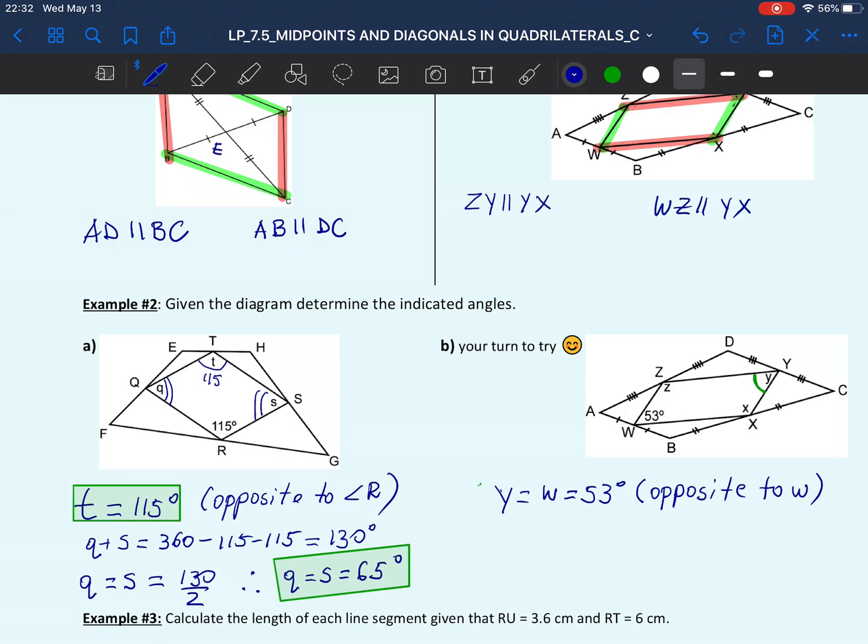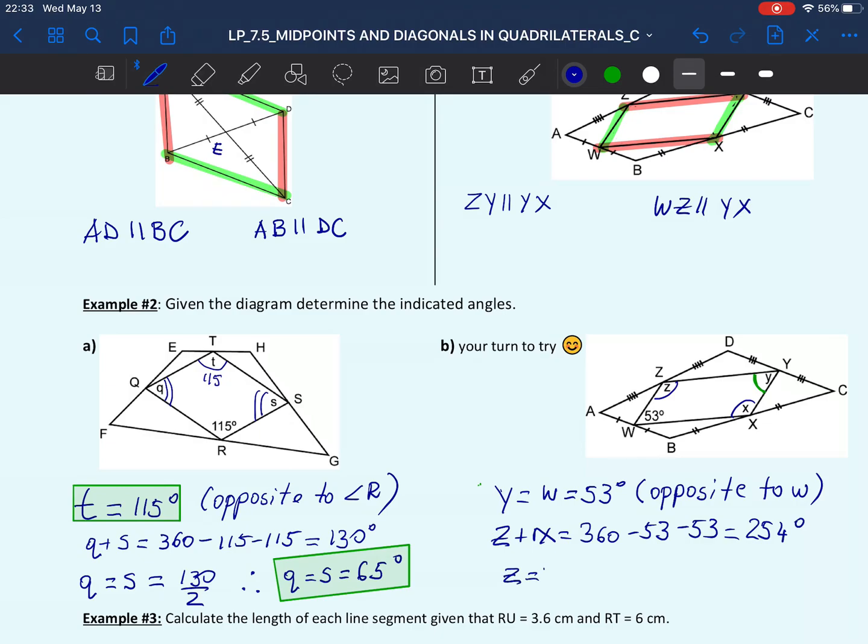Then we're going to say that angles Z and X together will make 360 minus 53 minus 53. So that's 360 minus 106, which is 254 degrees.